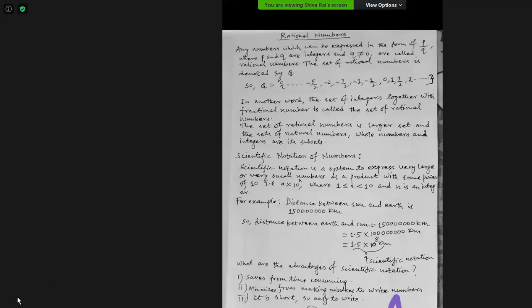The set of rational numbers is denoted by capital Q, not small q. Don't forget, we have to use capital letter Q to denote the rational numbers.